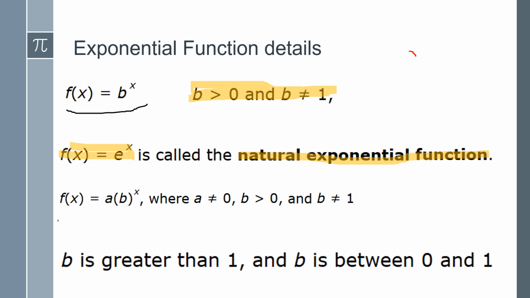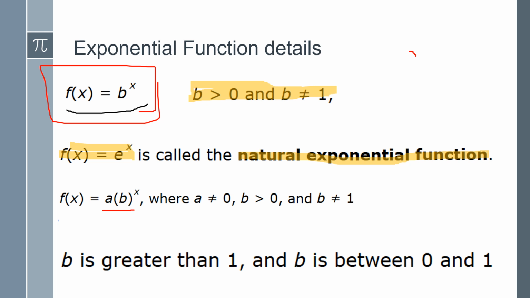The next thing I want to talk to you about is the third form of exponential functions. It has another number times your base to the power of x, and the rules still apply, similar to the original function. So a times b to the power x: a cannot equal 0, because if it equals 0, it's going to turn everything to 0. B has got to be greater than 0, and also cannot be 1.